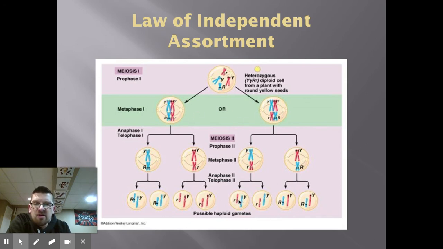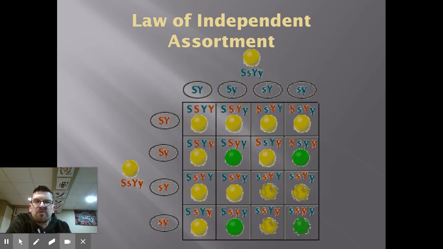You can see here that the combinations are completely different from one simple difference. And so again, independent assortment allows for a lot of different variation of the genome, which is important for genetic variation. This is why we foil the gametes in dihybrid crosses. This is why the Punnett square is valuable here, because we're actually demonstrating the law of independent assortment by simulating all these different gametes and how they might look. So we are figuring out what are all the different ways that they could independently assort. That's why we foil.